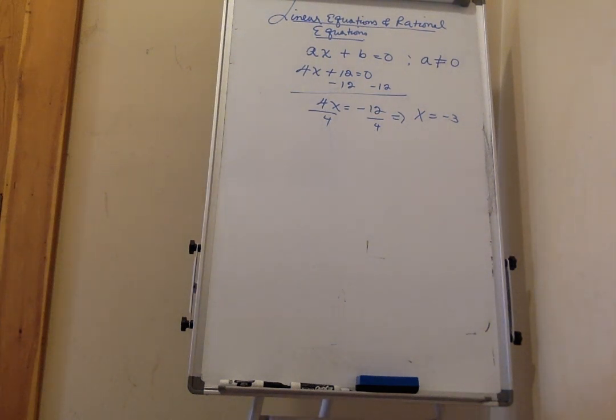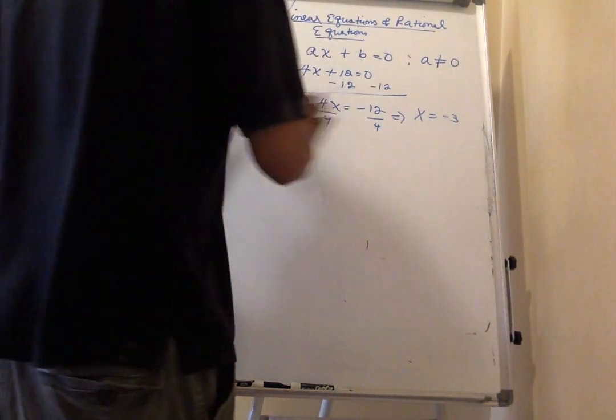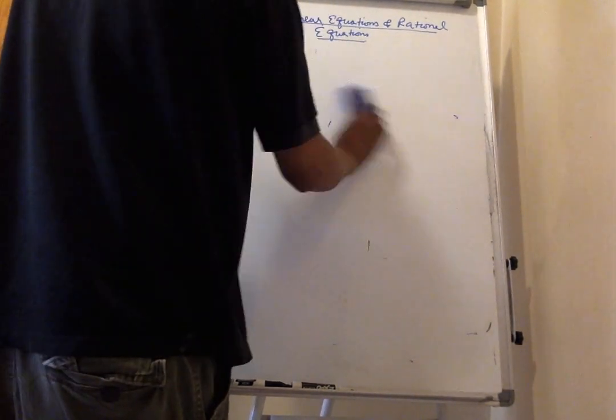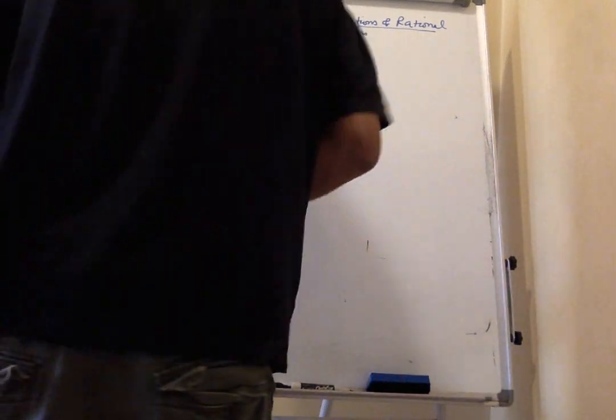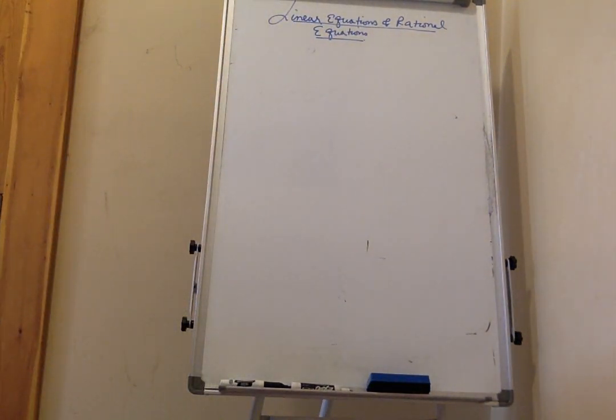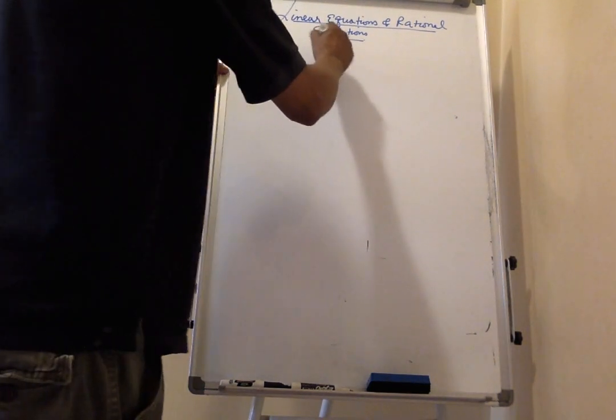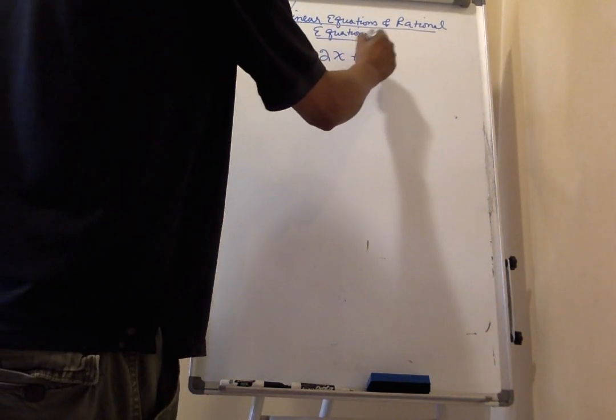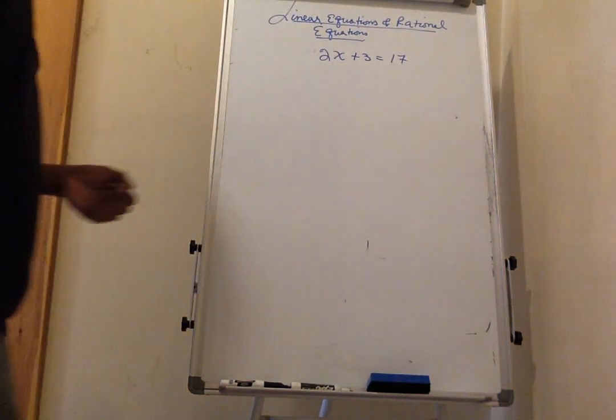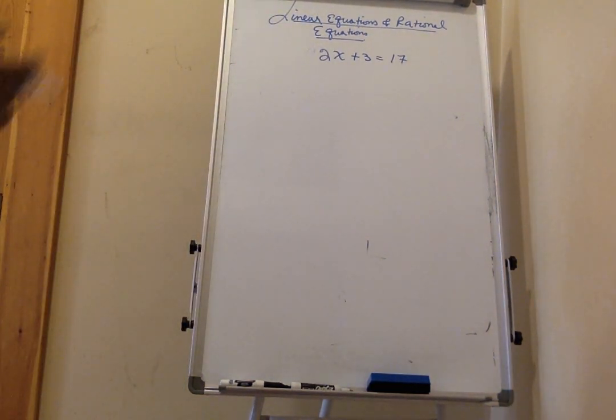So let me do some important examples. Suppose now you have 2x plus 3 is equal to 17. This is also another instance of a linear equation.